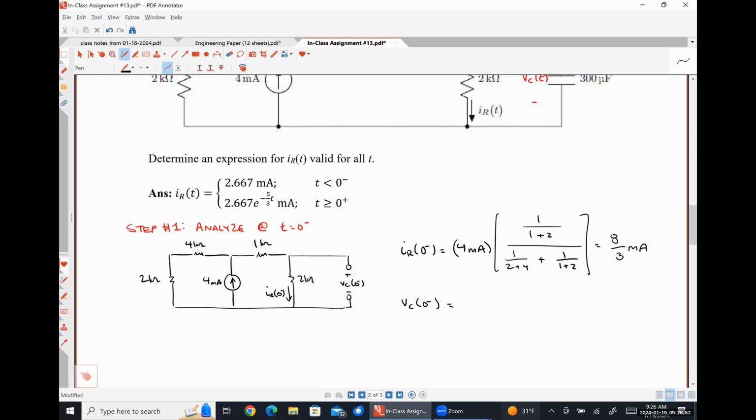So that should look like IR at 0 minus times 2 kilo ohms, which is going to come out to be 4/3 of a volt. Anybody have any problems with the analysis that we did there?